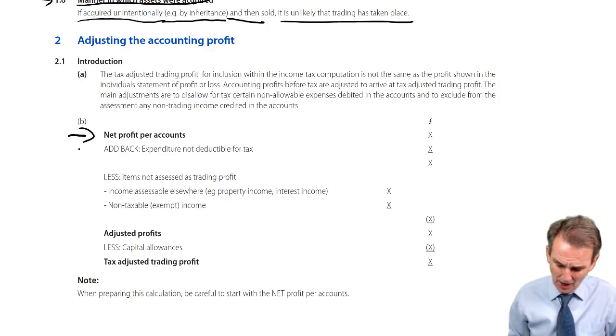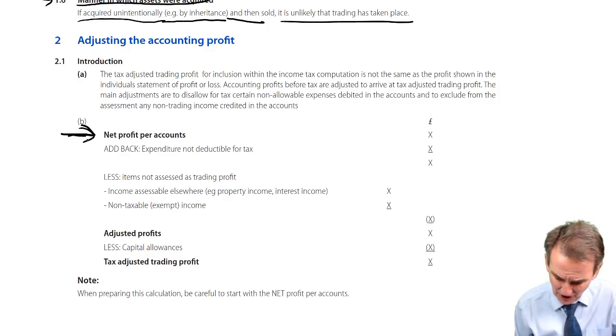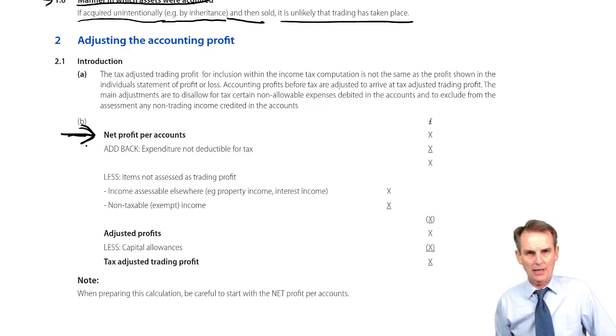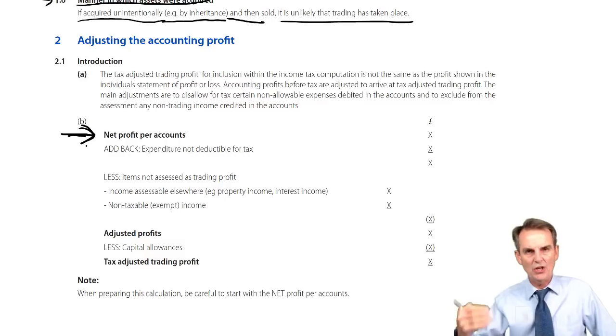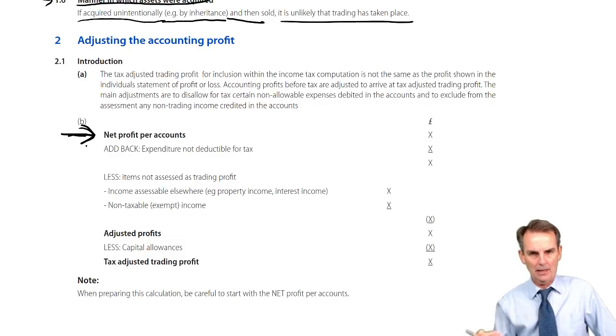Remember, as we've said, our starting point is the net profit as per the accounts. You pick that up from the question, you look above the line of the net profit. Any income sources that are not trading, we deduct because they shouldn't be a part of trading income, so out they come.